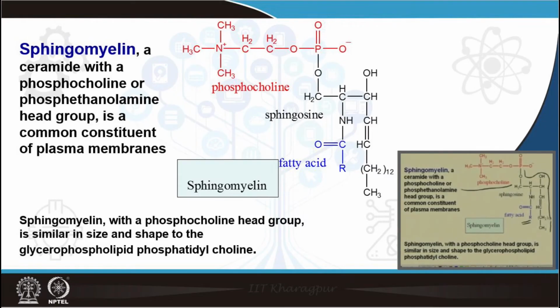In this case, when you have phosphocholine to form a head group here, this forms what is called a sphingomyelin. So, this is after the formation of a ceramide. Initially this was an OH, it is now linked to phosphocholine to form what is called a sphingomyelin. Okay? So, that is basically it.